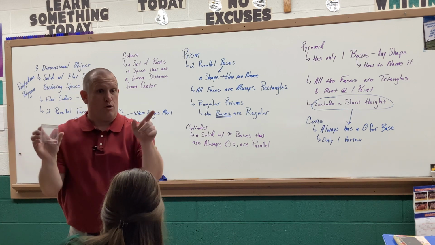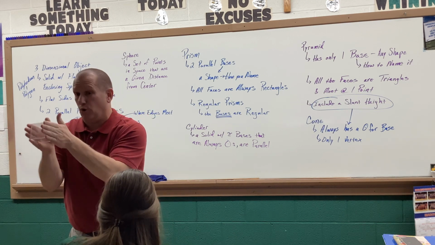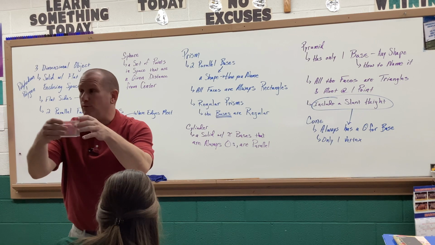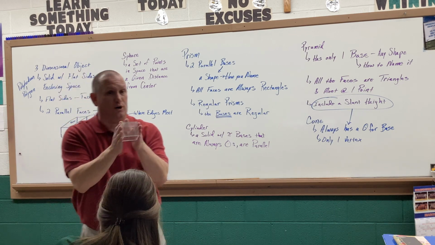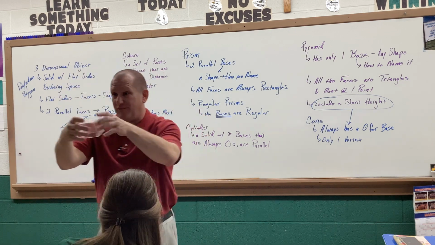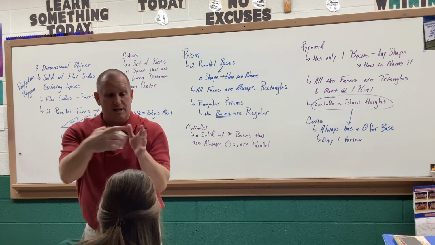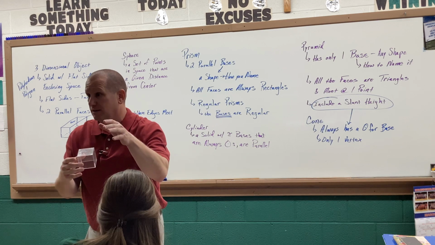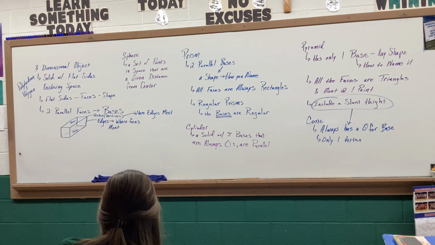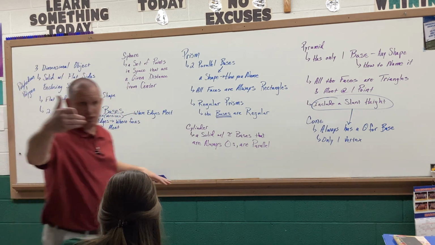The base. Whatever the base is, right? As long as I hold it on the bases. So if my hands were on pentagons, then if I open it up after he cut it in half, the sides that you would see would still be the pentagon or whatever shape it is.